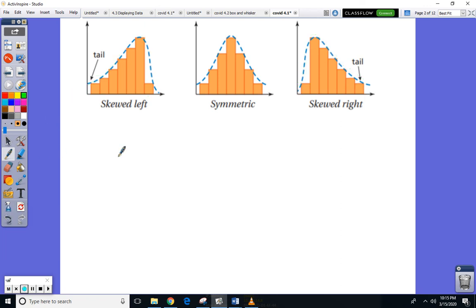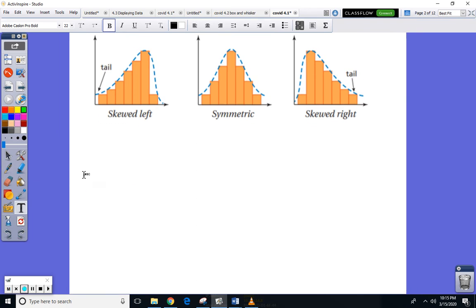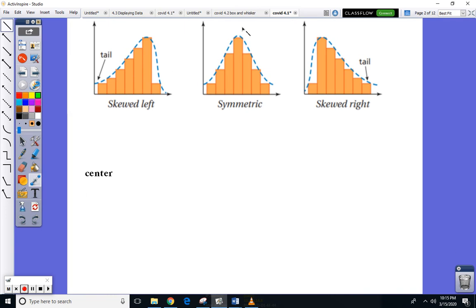The other important thing, and that I need you to write down for your notes, is where is the center of these things? Okay, well in symmetric, the center is going to be in the middle. So the mean and the median are going to be in the middle. In skewed left, typically what you do is you find the highest bar and you just go one bar over, and the mean and the median are going to be somewhere in there.